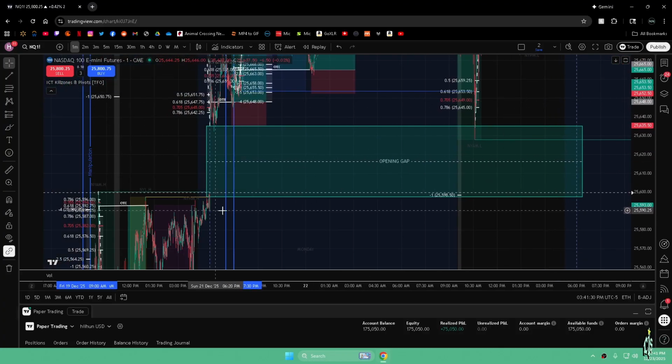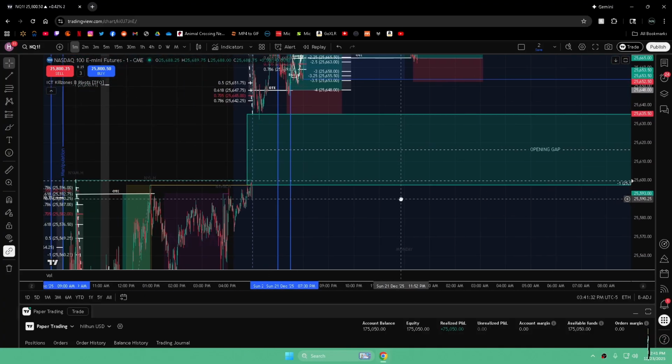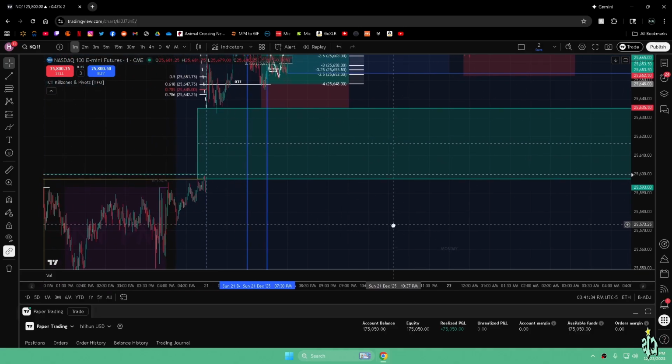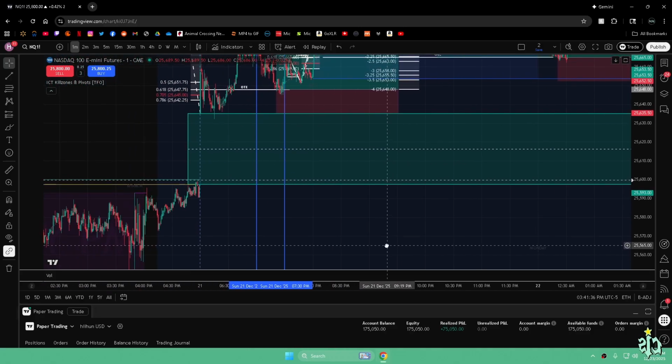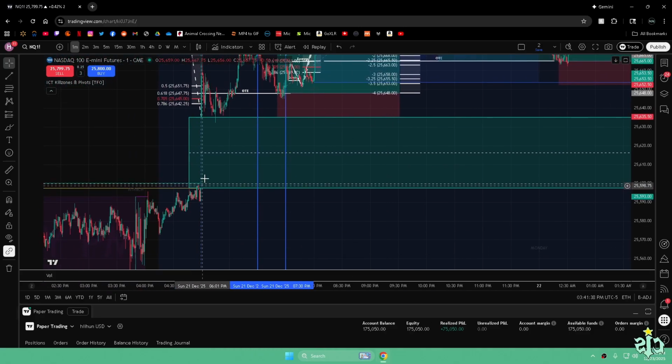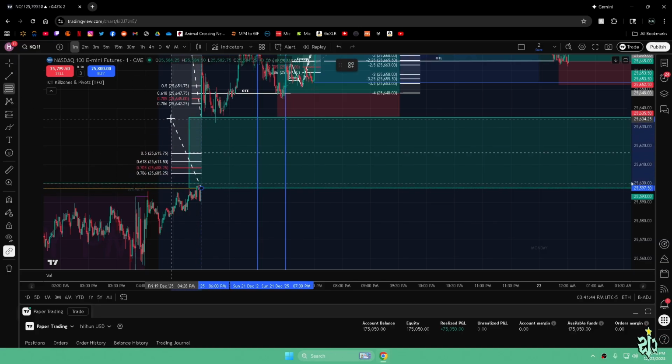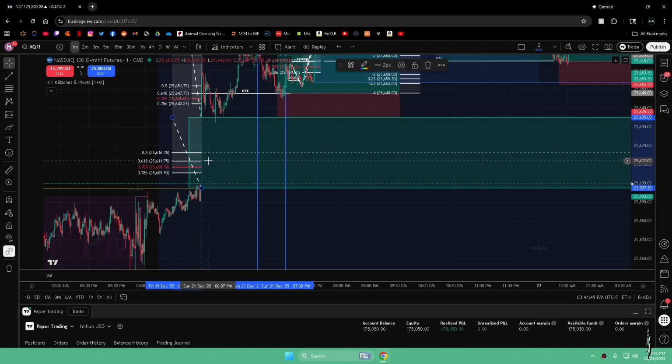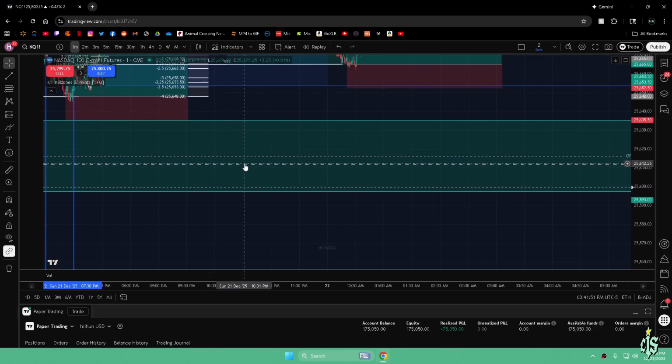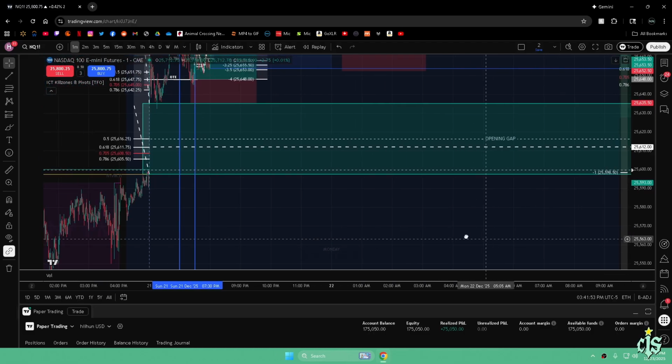So the first thing is we have this opening gap from this candle to this candle. So let's draw our OTE from candle to candle. So here's our OTE range, right?